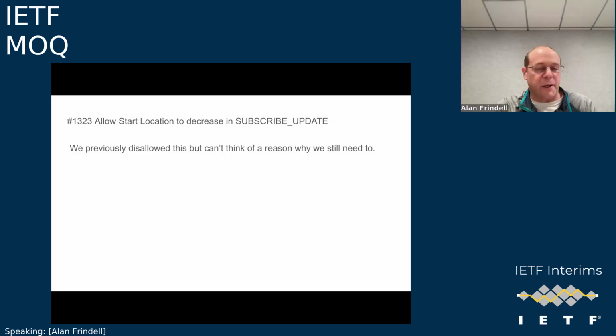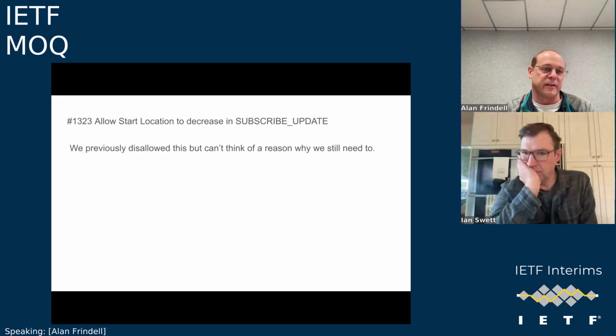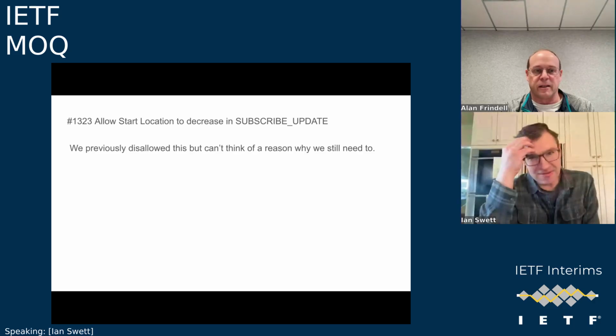That should be fine. It can't cause any problems. And then when Ian wrote the PR, he removed the restriction entirely and said that, based on the way filters work, he doesn't see any problems with going all the way back to 0. And we couldn't think of any either. So we wanted to bring it back here and see if people are okay with just allowing start location to go back. Yeah, when I first wrote the subscribe update text, I was worried about raciness and a number of other things.